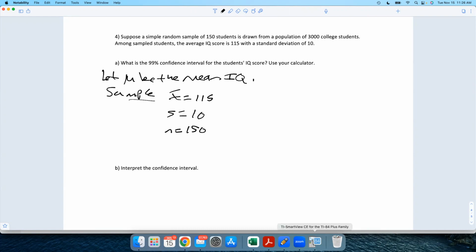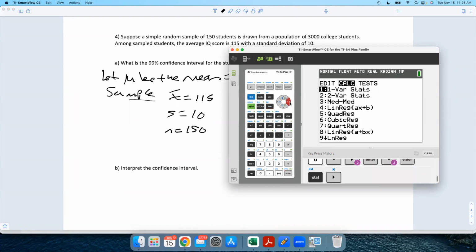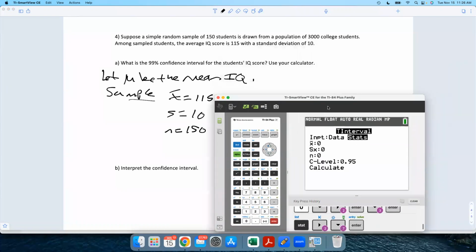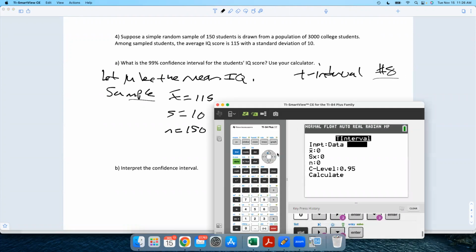Calculator's going to do all the work. Okay, so I want to go stat over to tests. T interval. Let me write that down. This is a T interval. That's button number 8. Remember, we're using 2, 4, 8, and 0. That's it on the calculator on test 4.